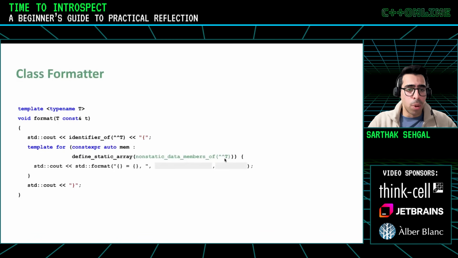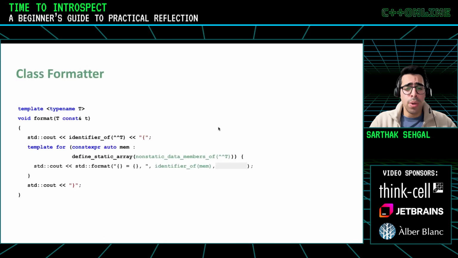It's important to provide runtime static storage for that, so we get a static array of the non-static members of the reflection. Then with each member, we want to access the name and the value of the member. The name we've seen a bunch of times already. It's simply the identifier_of meta function, which returns the name.